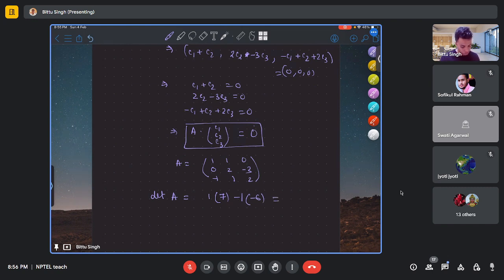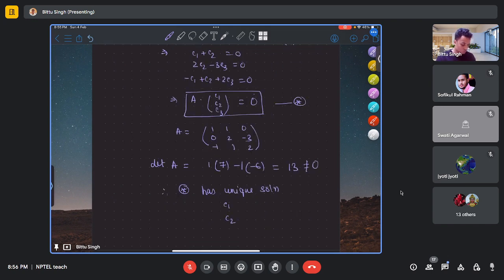So it is 13, which is non-zero. Therefore, this system has the unique solution C1, C2, C3 all equal to 0.